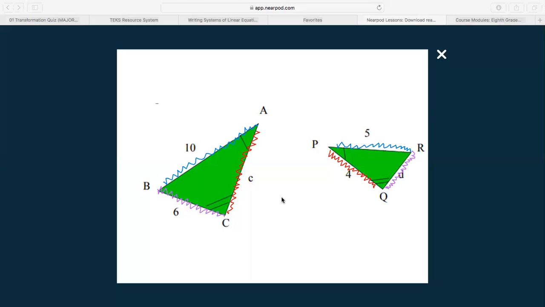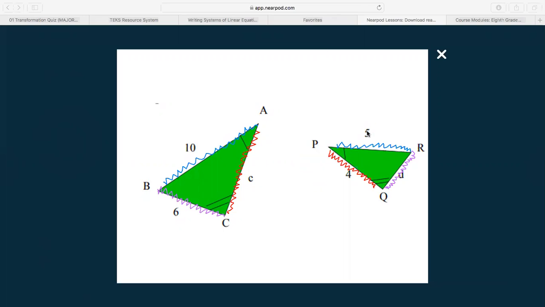I didn't remember this one from last year. This one you might be able to do in your head.